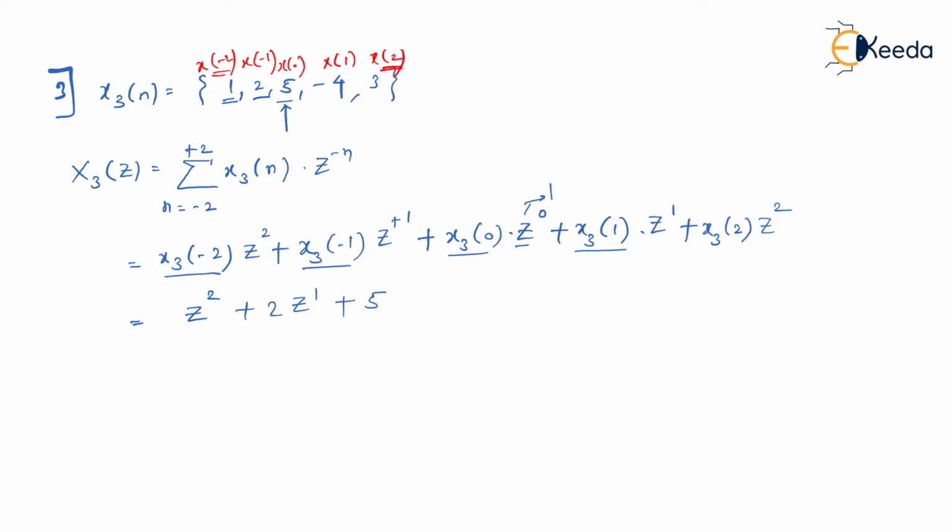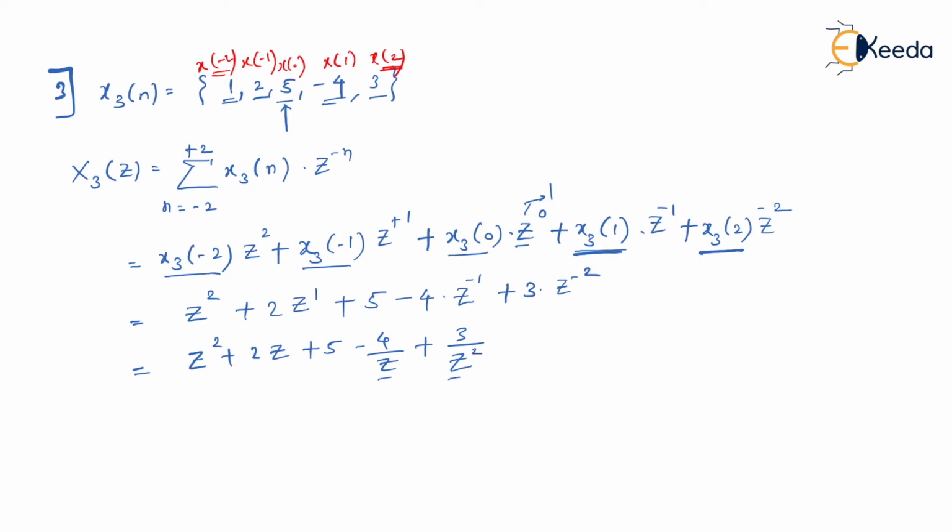Then x3 of 1 is minus 4, so minus 4 times z to the power minus 1, and x3 of 2 is 3, so plus 3 times z to the power minus 2. Finally you can write this as z squared plus 2z plus 5 minus 4 by z plus 3 by z squared. As you can see, z has gone into the denominator.